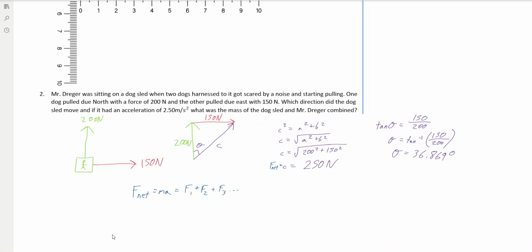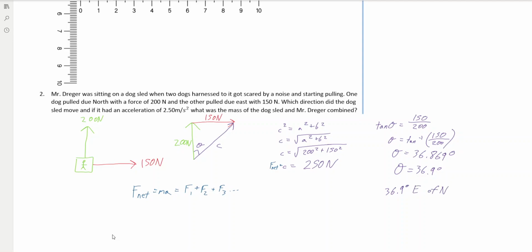Okay, so now we can say, what direction did the dog sled move? Well, the dog sled moved in this direction, and we should actually round it to 3 sig figs, so we'd say the dog sled moved 36.9 degrees east of north.